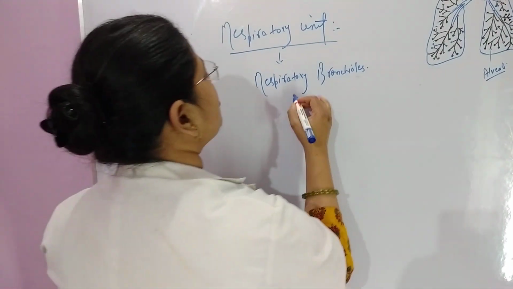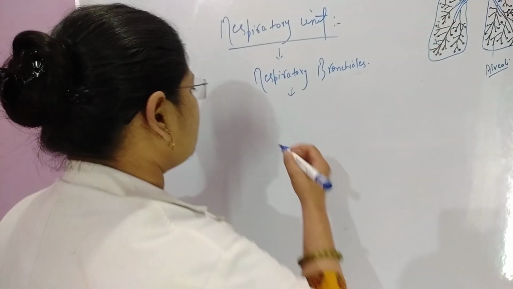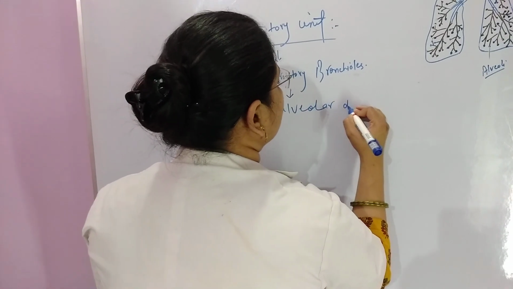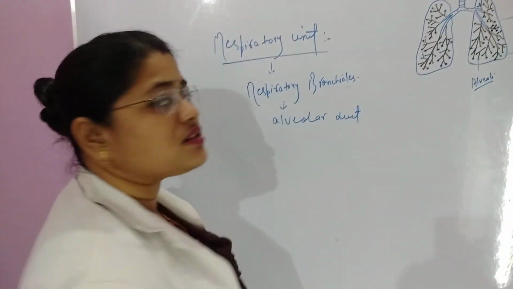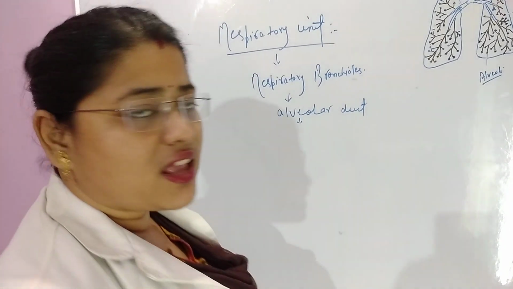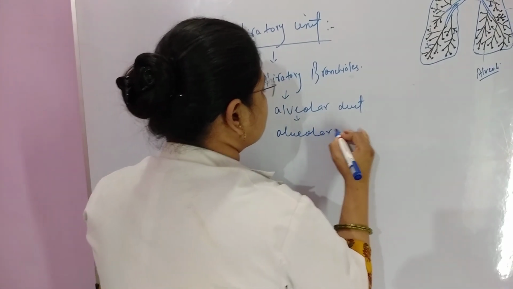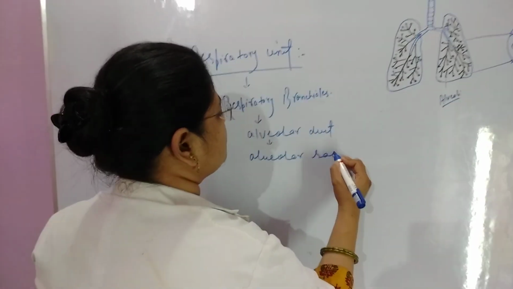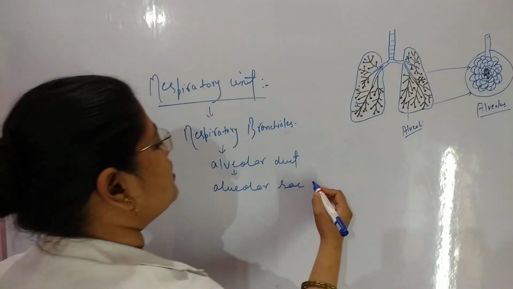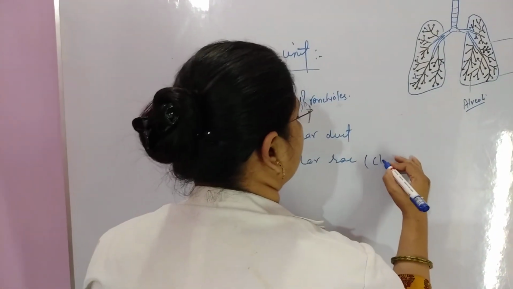This respiratory bronchiole forms a duct known as the alveolar duct. This alveolar duct enters into a sac which is called the alveolar sac, and this sac contains a cluster of alveoli.